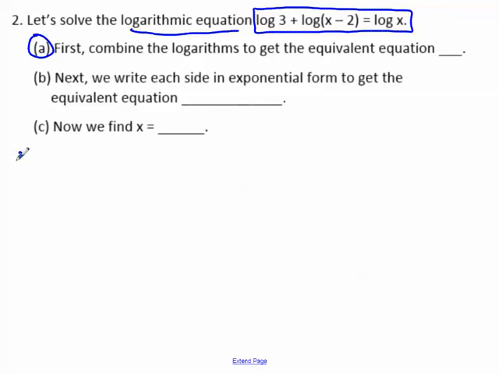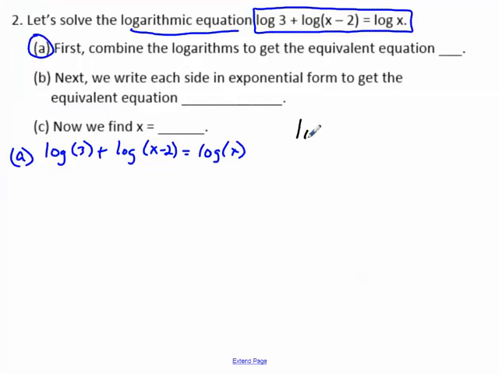So I start with log of 3 plus log of x minus 2 equals log of x. All I'm doing is rewriting this equation. I'm going to use my properties of logs.